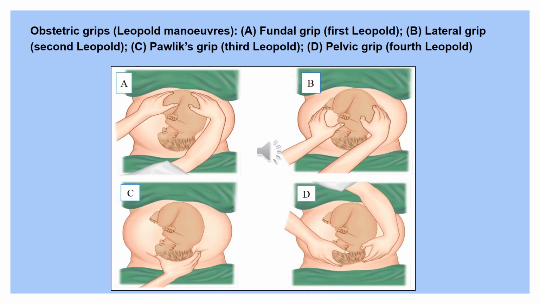This picture shows the technique of performing the Leopold's maneuvers. Picture A shows the fundal grip, B shows the lateral grip, C explains the Pawlik grip, and picture D shows the pelvic grip.